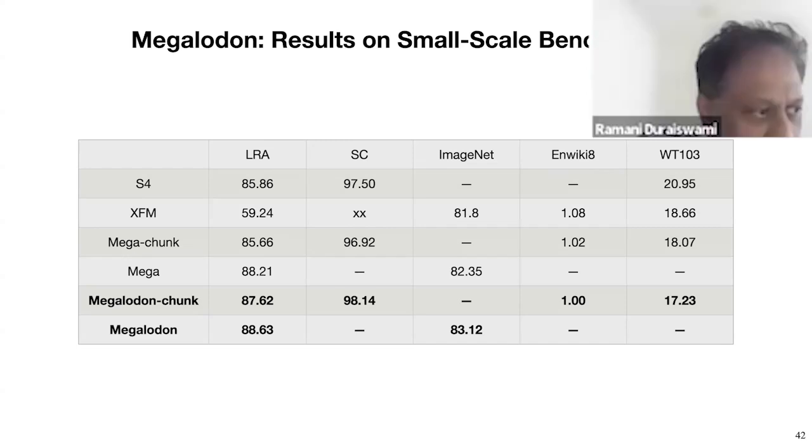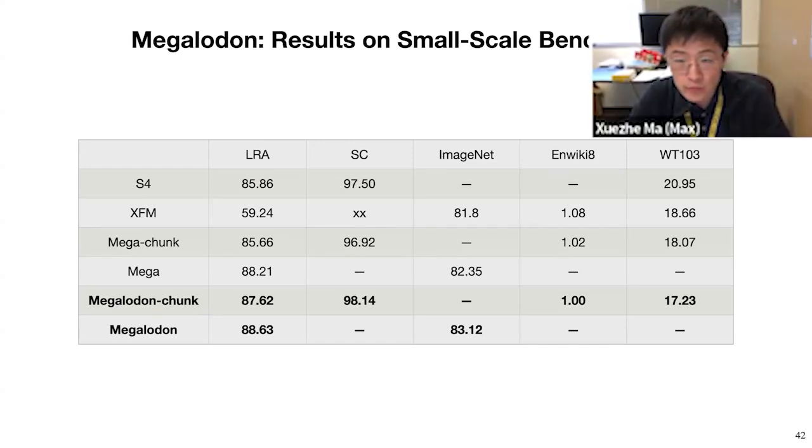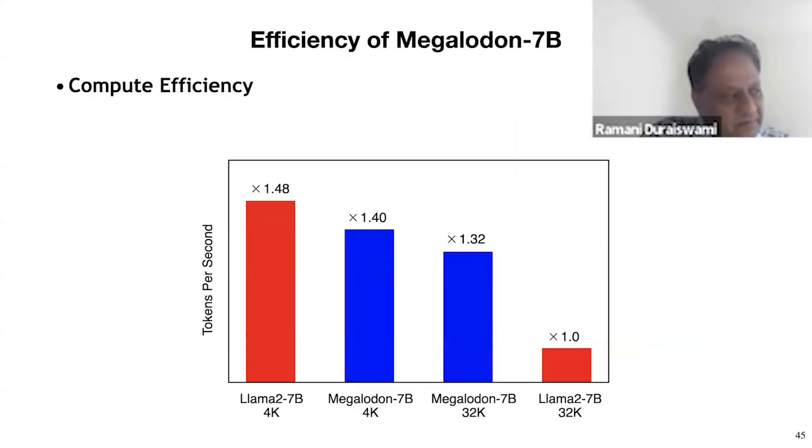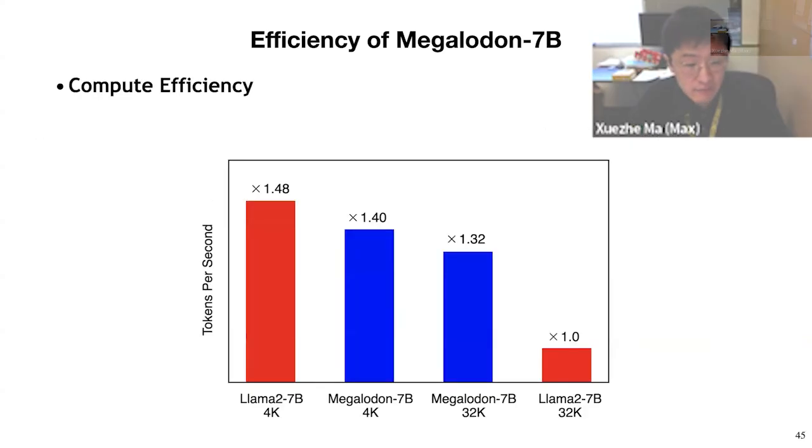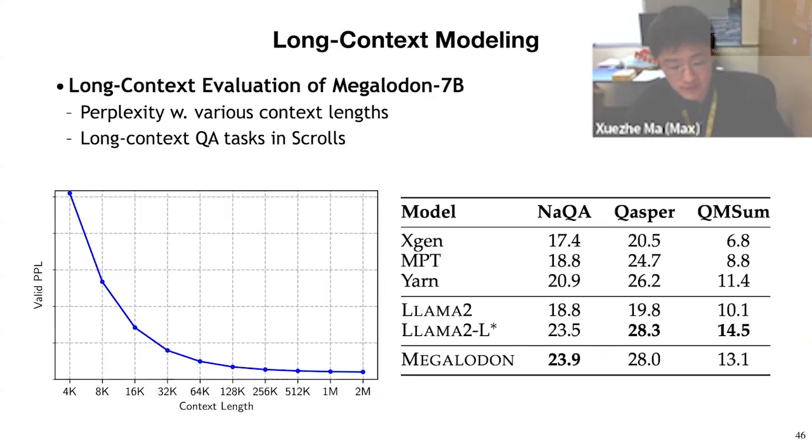What is the longest context you were able to show good results? You mean empirical results, right? So for our pre-training, we pre-trained on 32,000 tokens. For evaluation, if we just compute PPL, we see that even with 2 million tokens, our PPL still keeps decreasing.